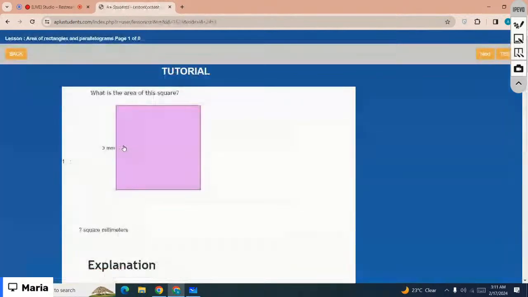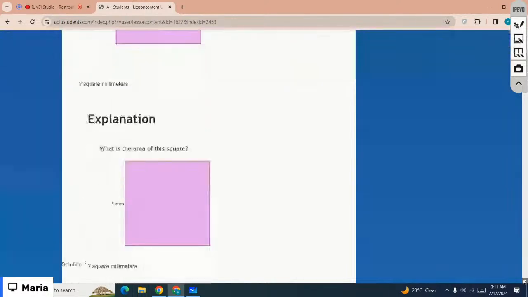Let's just start with the first one, that is, what is the area of the square. When we are working on the areas of different shapes, the formula is different for each shape. For this one, the measurement given is 3 millimeters.